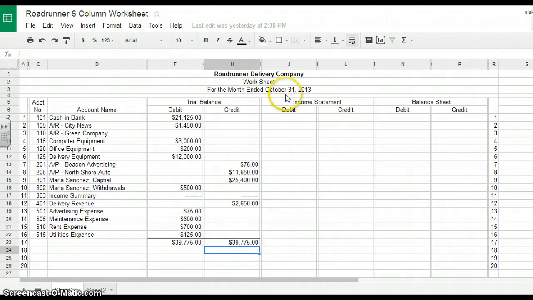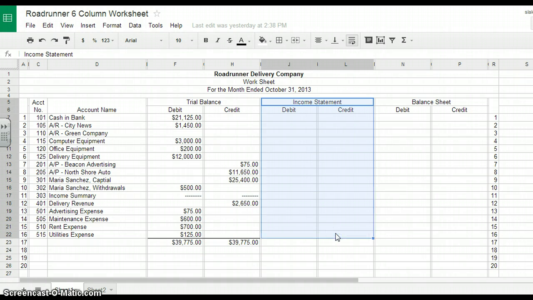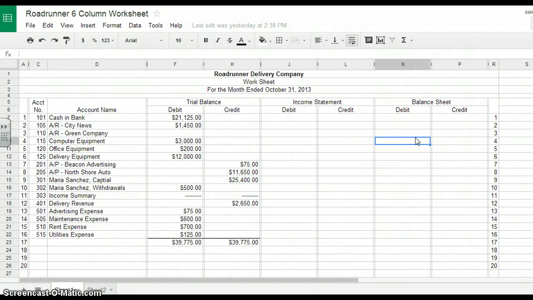Now, the 2 new sections that you're going to see are the income statement and the balance sheet. There are certain items that are included on the balance sheet and certain items that are included on the income statement. I'm going to skip over to the balance sheet first. The items that are going to be included on your balance sheet are your assets, your liabilities, and your owner's equity.